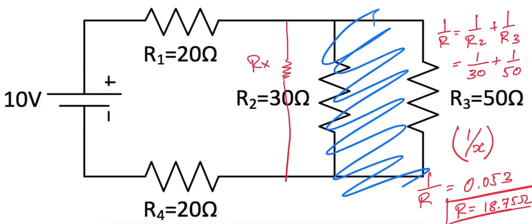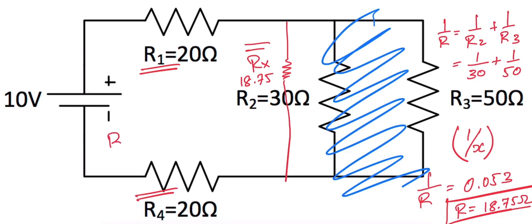And the value of Rx is nothing but 18.75 based on what we have calculated using R2 and R3. Now the game is very simple because R1, Rx, and R4 are all in series.